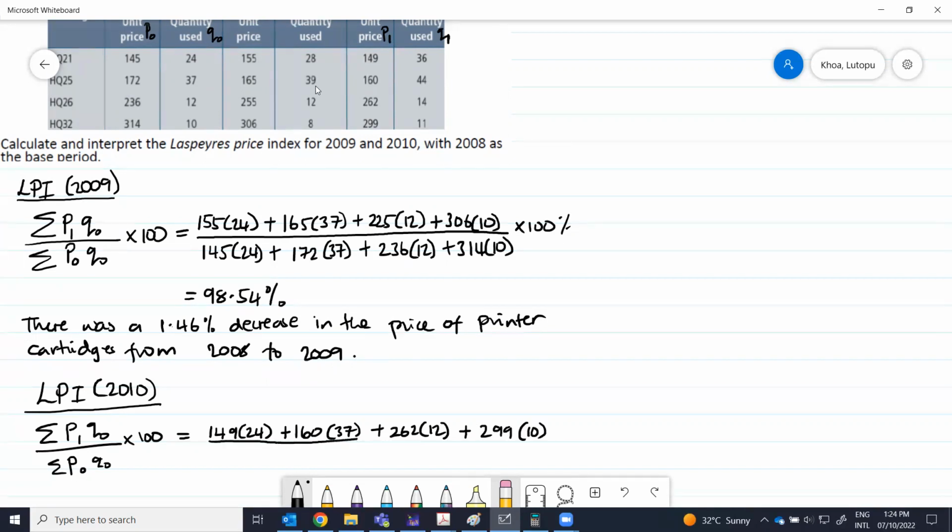Then in the denominator, we have P naught times Q naught. So it's 145 times 24, 172 times 37, 236 times 12, and 314 times 10. So multiply this by 100.